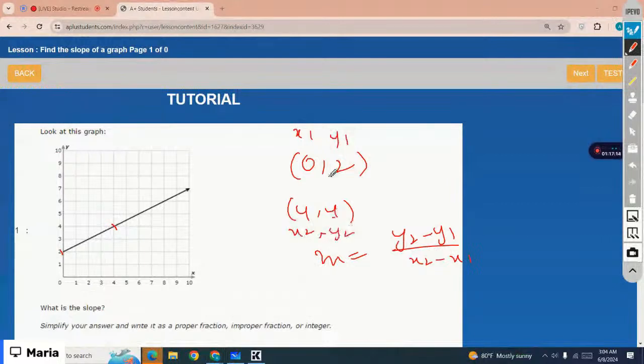So y2 minus y1, 4 minus 2 divided by 4 minus 0. 4 minus 2 is 2 and 2 by 4 equals 1 over 2. So that's how you calculate the slope. Whenever we have to calculate the slope of the graph, you select any 2 points from the graph. You have to find their coordinates and then you need to use the formula of the slope.